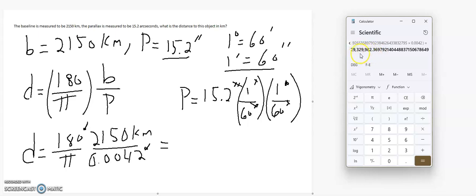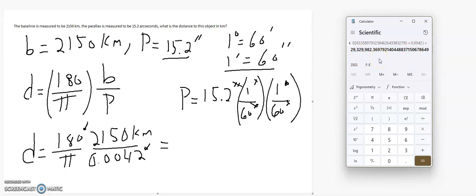All right. So I mean this is the number, right? It's 29,329,982.3 and so on. It keeps going. But if we turn it into scientific notation, it becomes 2.9.